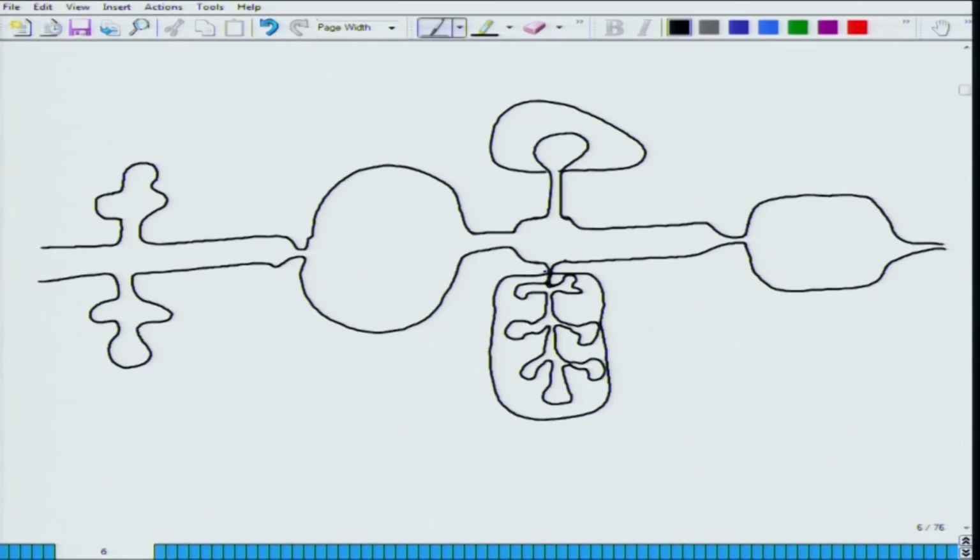Okay. So, let me just put the nomenclature.